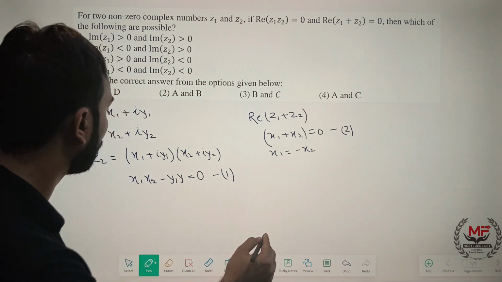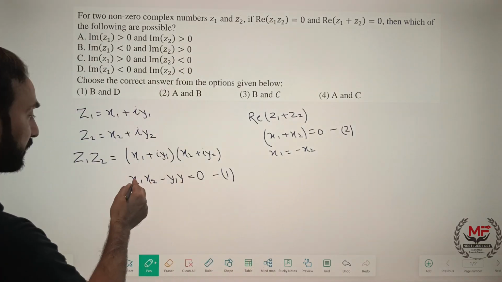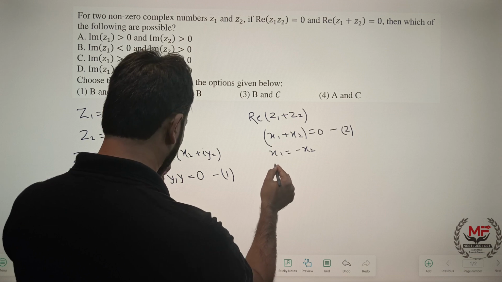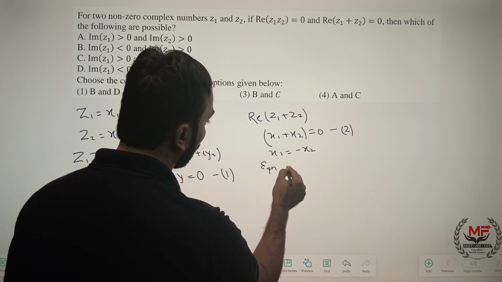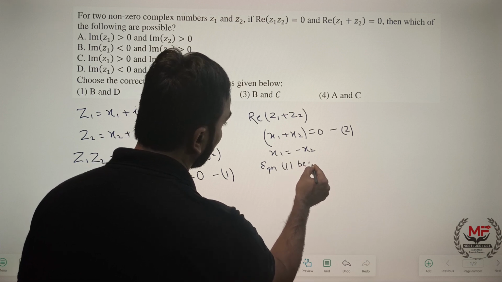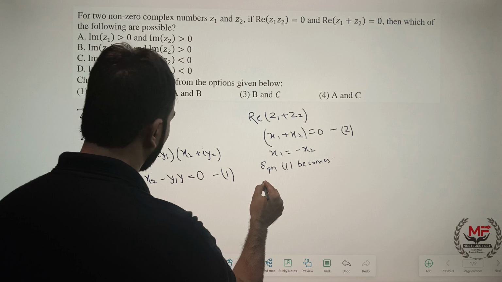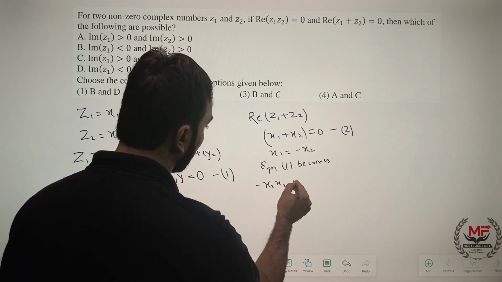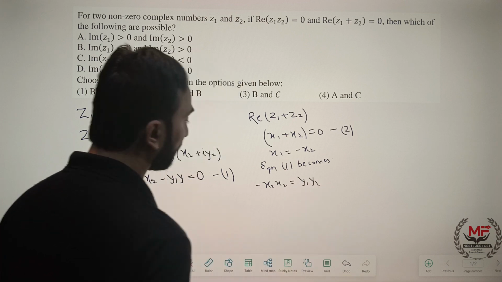So here, in place of x1, we can write minus x2 in equation number 1. So equation 1 becomes minus x2 into x2 is equal to y1 into y2, right?